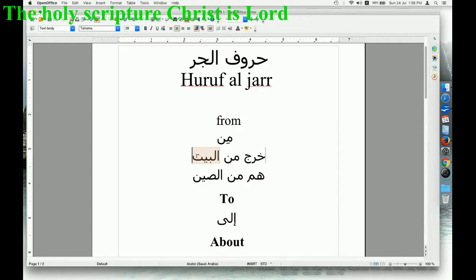So he went out of home. So min is always coming before where he is leaving from or coming from. So we can make a simple rule that this is how min always appears. You describe either by a verb, like kharaja is a verb, went.